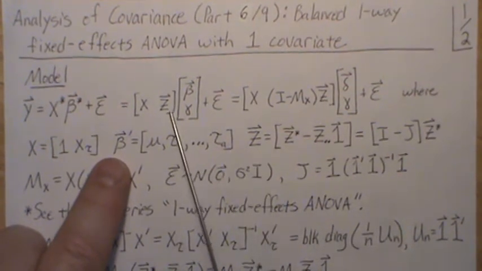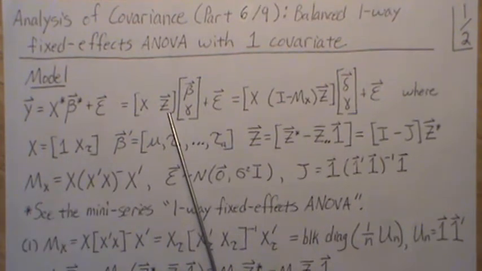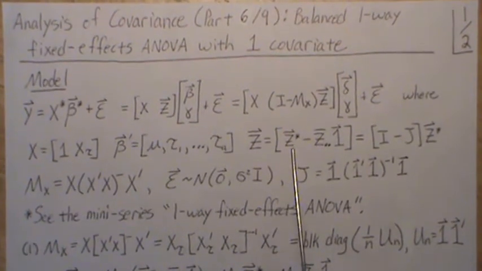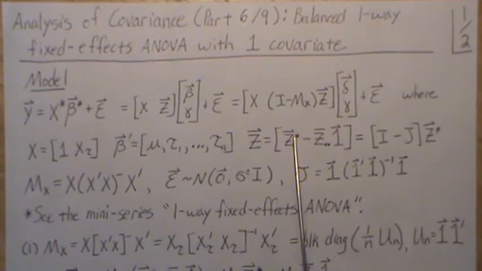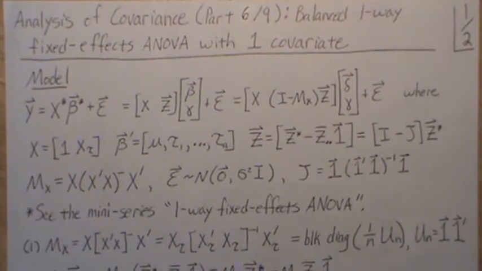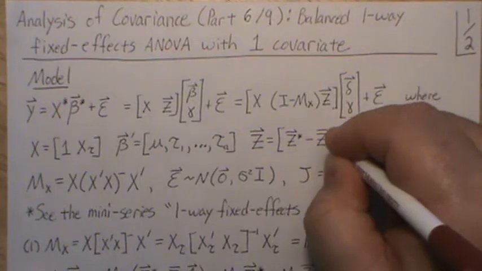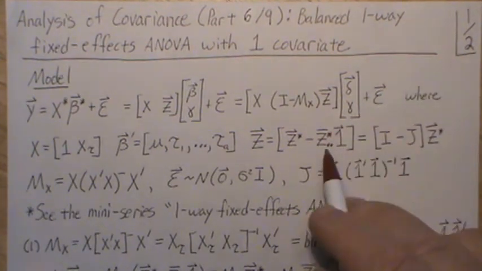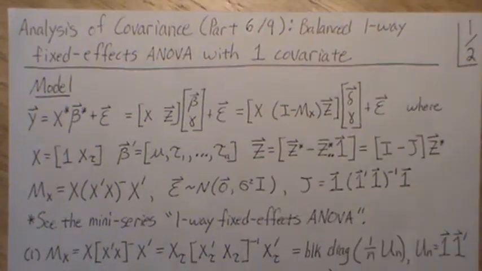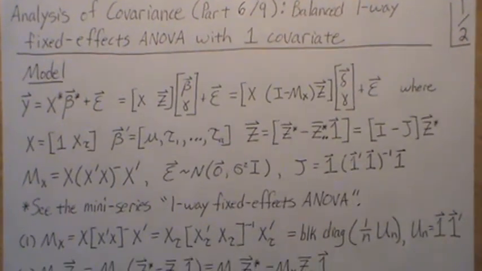The Z, so the covariate, there's only one, and that one covariate is Z star, and then we subtract off the mean, and so technically that should be the mean of Z star. So it's what's called a centered variable.